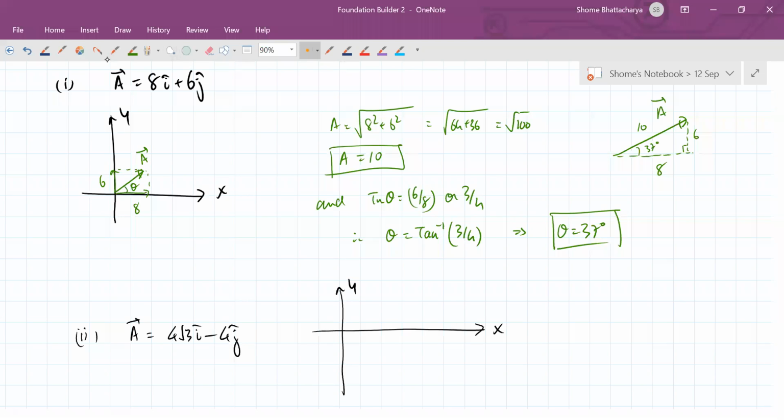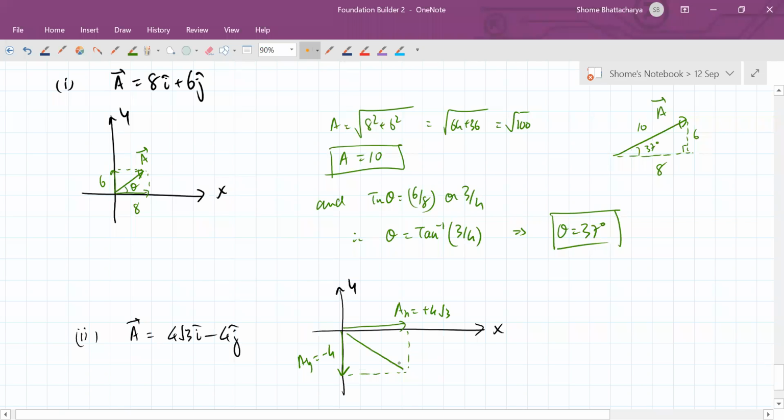So here what is visible is that the x component is on the positive side, the ax component is plus 4 root 3, but the y component is negative, ay is minus 4. So that is why the vector E is such that the angle should technically be this one, but we can also take it as negative of this one.